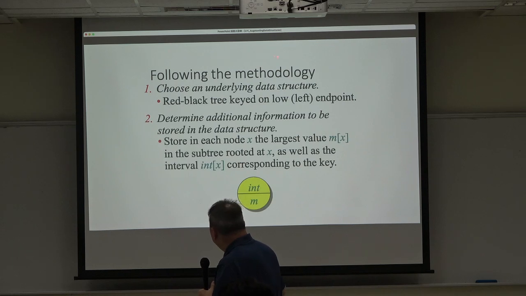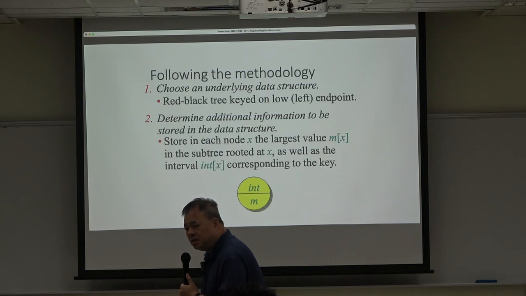So we follow this guideline. The guideline first tells us that we need to choose the underlying data structure. As I have told you earlier, red black tree makes a good data structure.